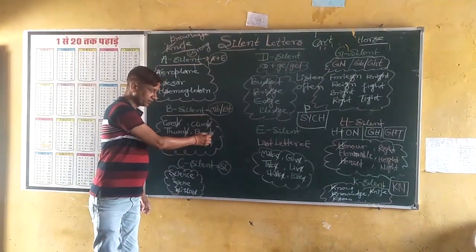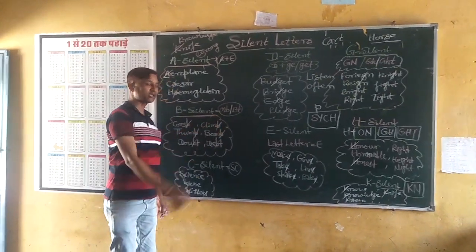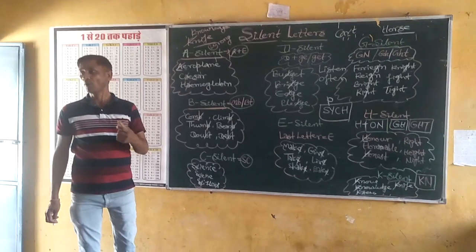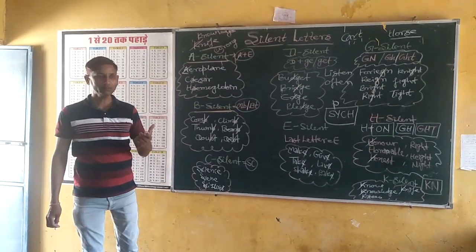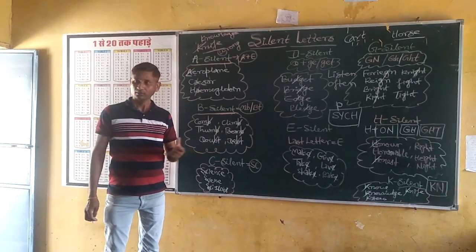BOMB. M is before B, then B will be silent and the pronunciation will be bom.